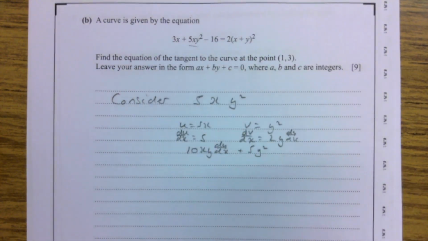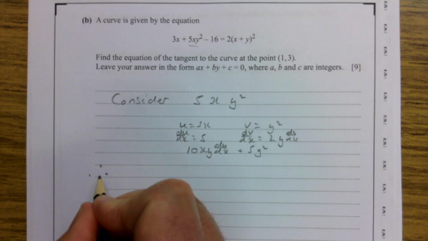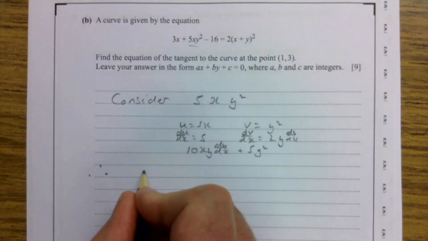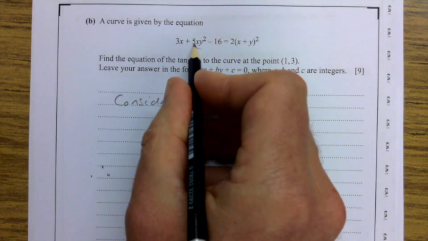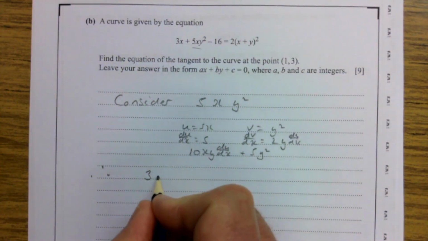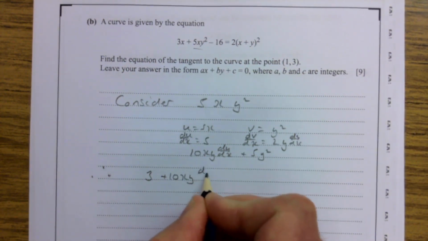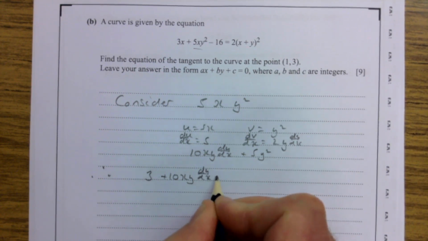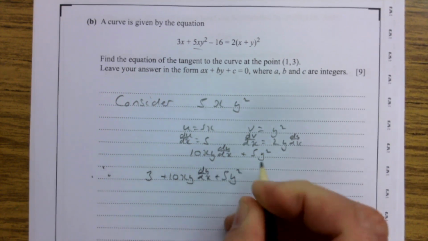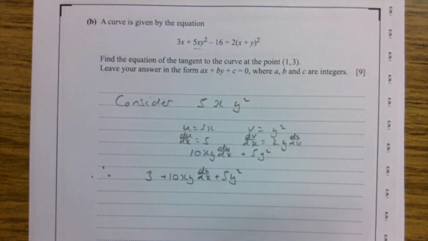The 3x differentiated gives me a 3. 5xy squared, that's this bit here I've just got, so it's 10xy dy by dx plus 5y squared. The minus 16 is going to disappear.